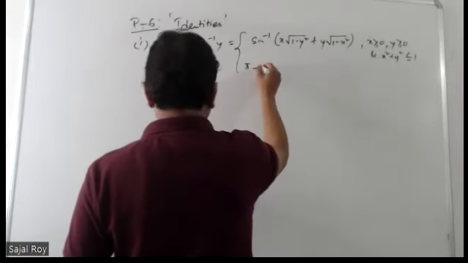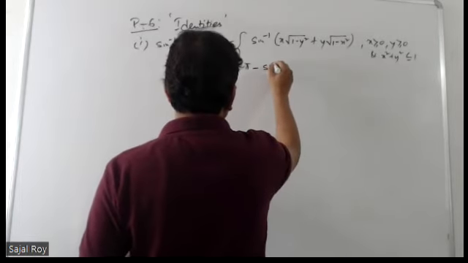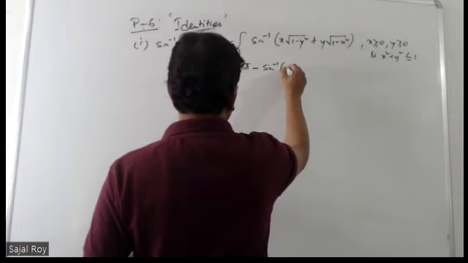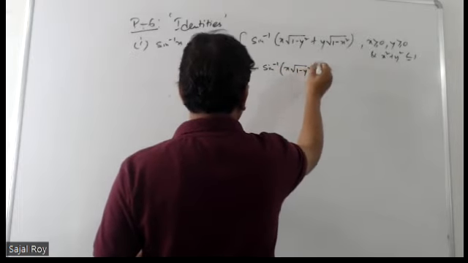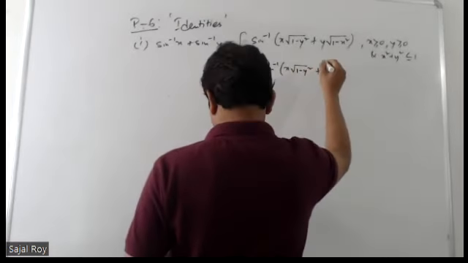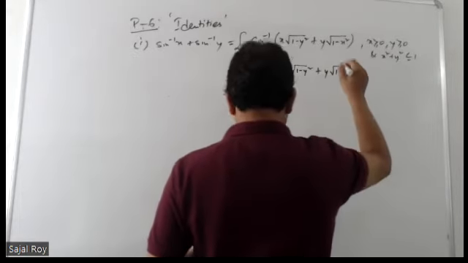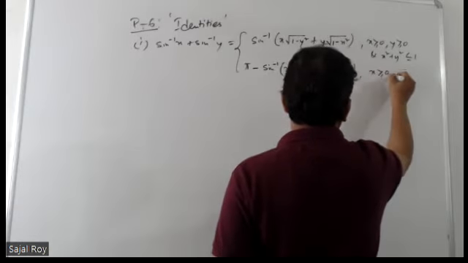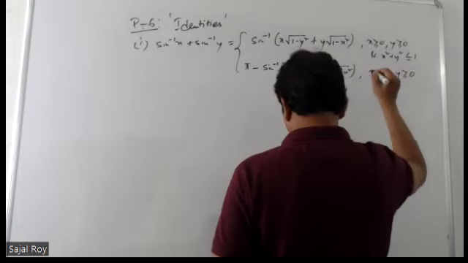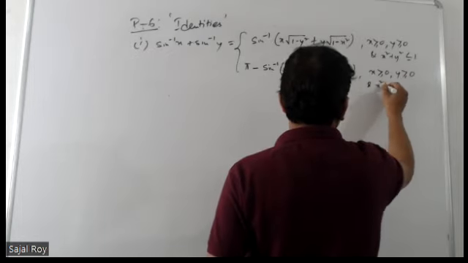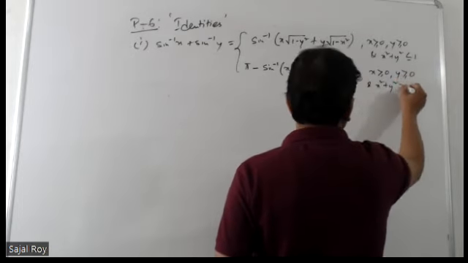And this is equal to pi minus sin inverse of x into root over 1 minus y square plus y into root over 1 minus x square, for x greater than or equal to 0, y greater than or equal to 0, and x square plus y square greater than 1.